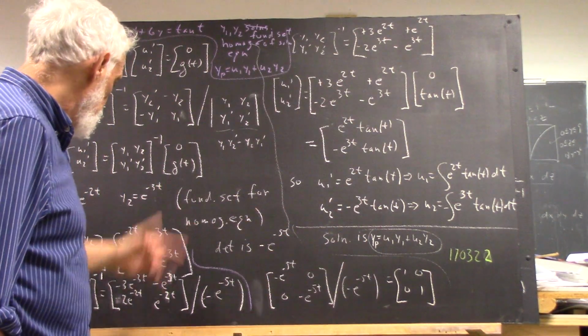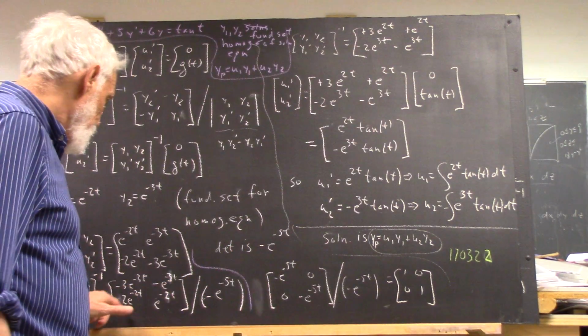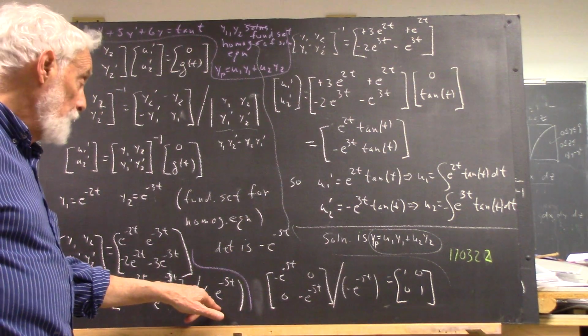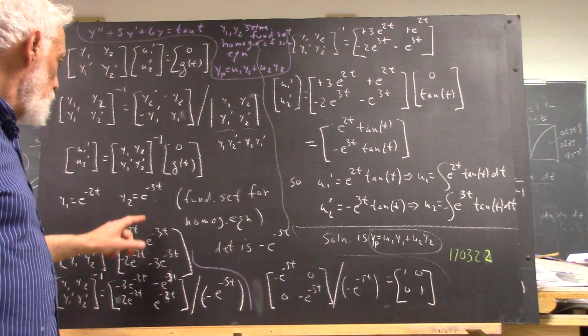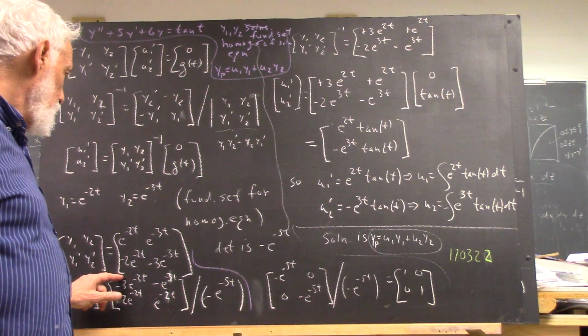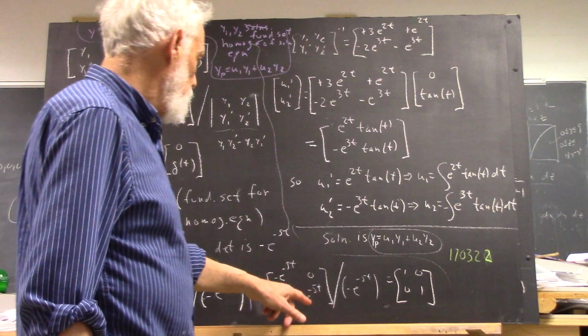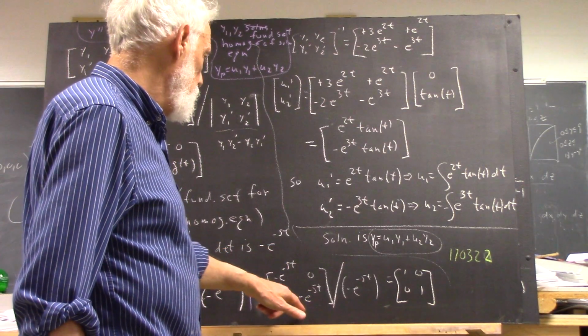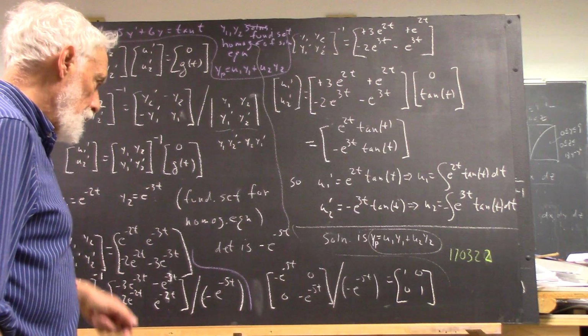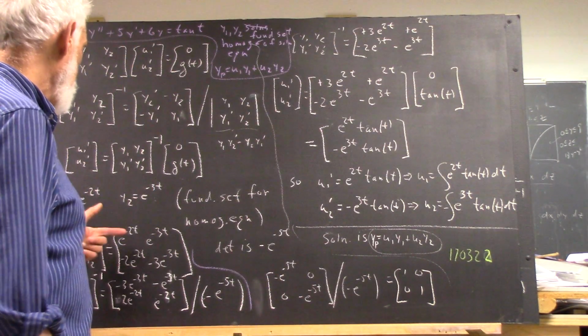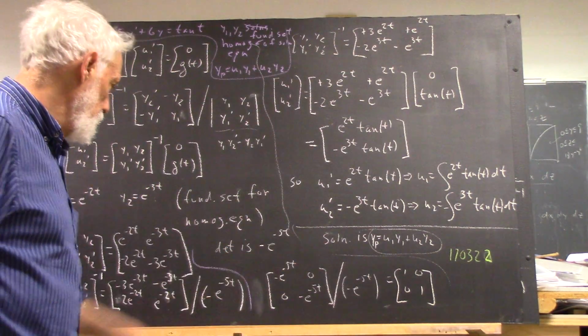If you multiply this matrix by this matrix, of course this matrix needs to be divided by e to the negative 5t, which gives you what I have up there. But if you do this matrix times this matrix, this row times this column gives you negative e to the negative 5t. This row times this column gives you 0.